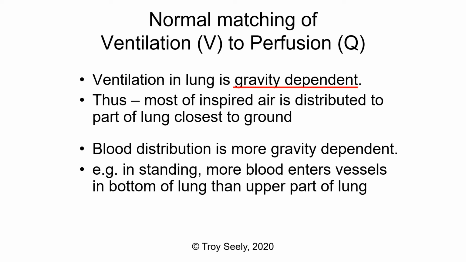So where you rely on gravity when it comes to air going into and out of the lungs, as well as in terms of where you're going to have the greatest concentration of blood, we're looking at trying to match these together to get the most efficient air exchange possible.